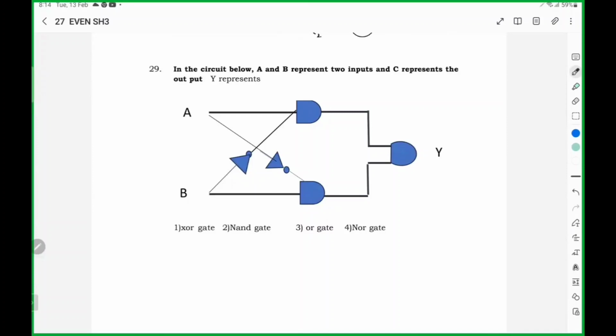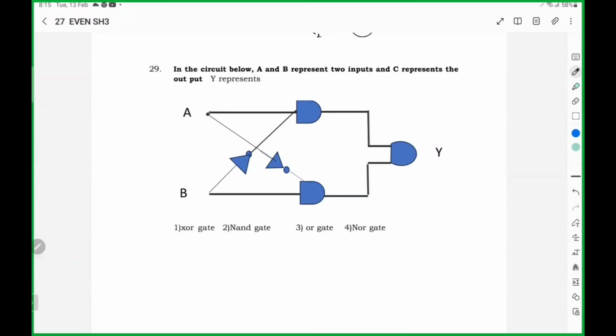So this is a logic circuit. It is a combination of many logic gates. Different logic gates have different inbuilt operations. The input signal is sent along these logic gates.